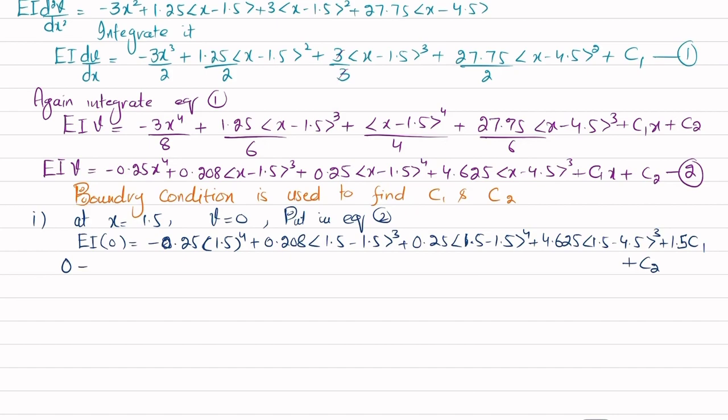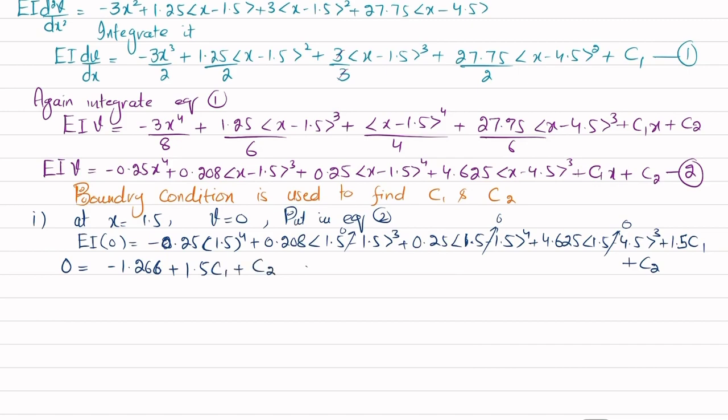So from here, this is equal to 0, and this term will be minus 1.266, this term will be 0, this term will be 0, and this term will also be 0, because 1.5 minus 4.5 is minus 3, and anything that is negative inside the Macaulay bracket will be 0. So this will be plus 1.5 C1 plus C2.